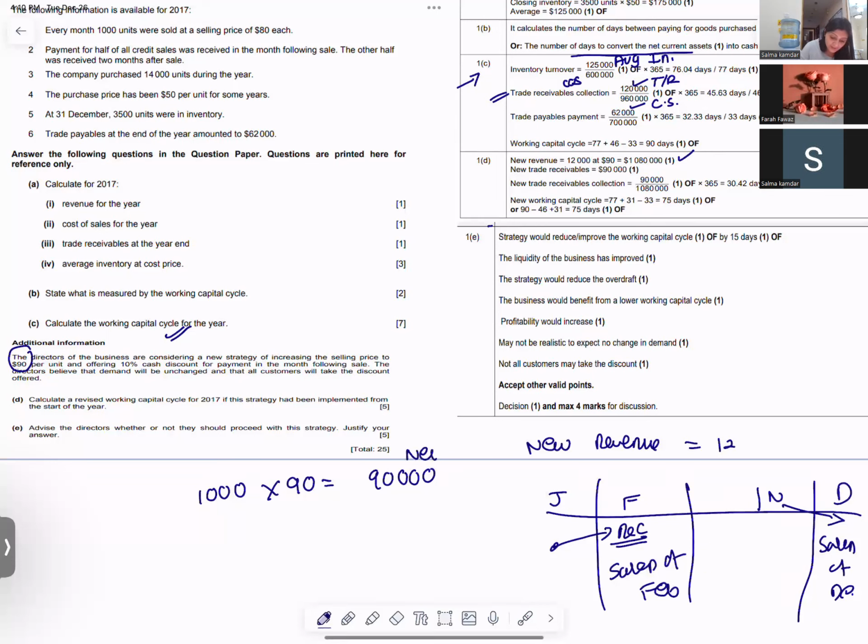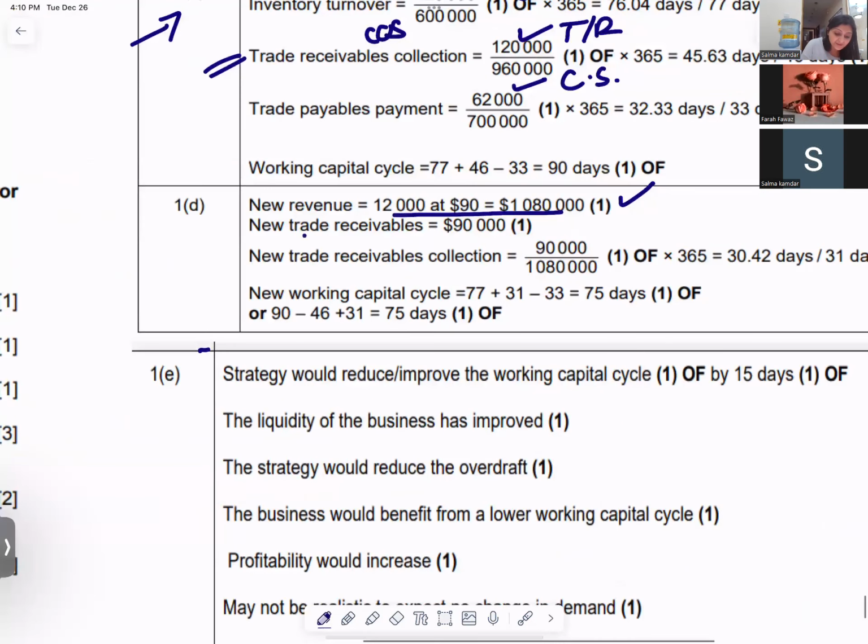So my new sales is how much? New revenue is 1,080,000, 12,000 units at the rate of 90. And my new trade receivables would be the sales of December at the new selling price. So what would the new trade receivable collection period be?